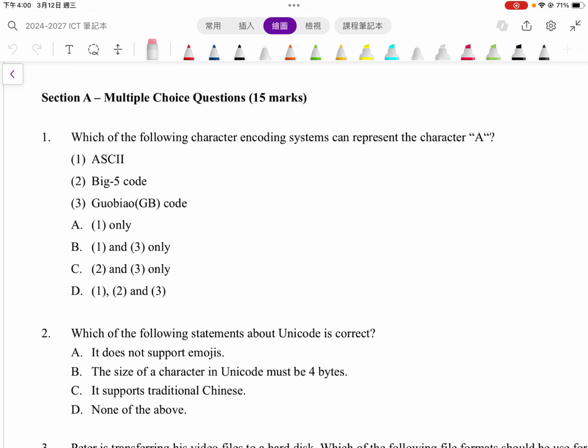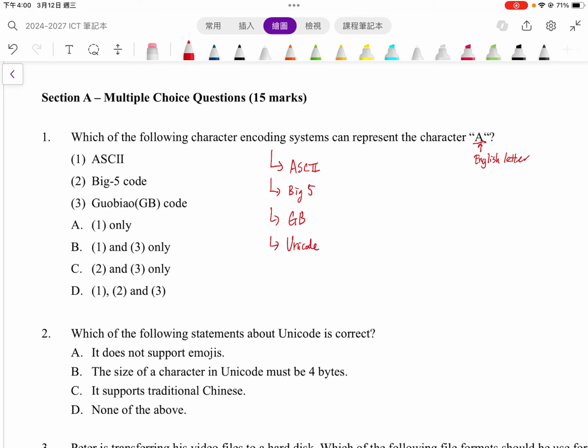So the first question is, which of the following character encoding systems can represent the character A? So first of all, you need to recognize this is an English letter. And in the encoding systems, so far we have learned ASCII, Big 5, GB, and Unicode, right?